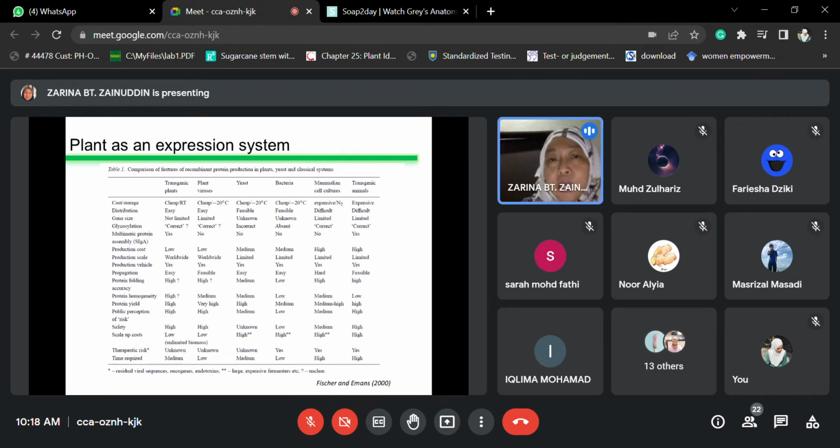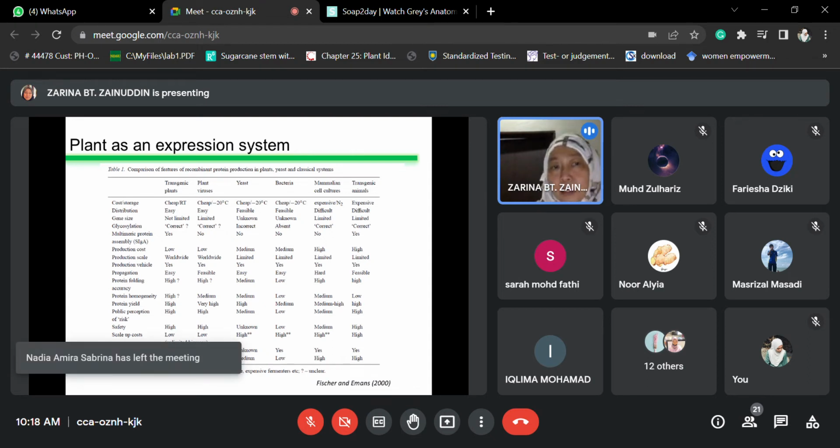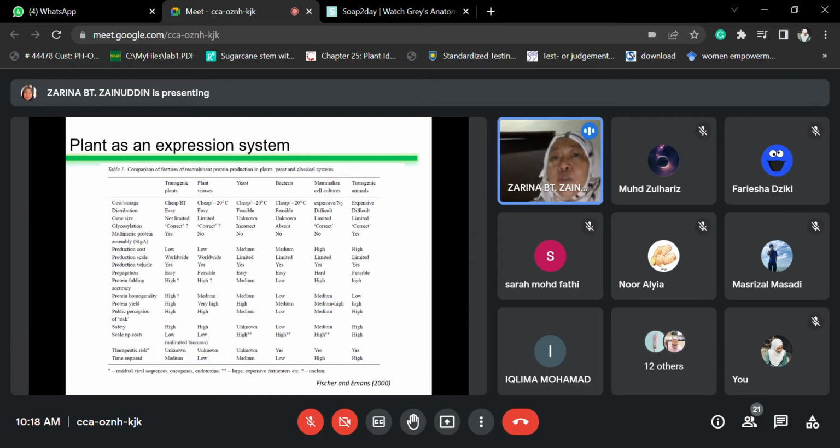So if you want to produce a vaccine that needs glycosylation, you cannot use bacteria as the system, because bacteria cannot do glycosylation. Mammalian cell culture is also correct, and transgenic animals are also correct.